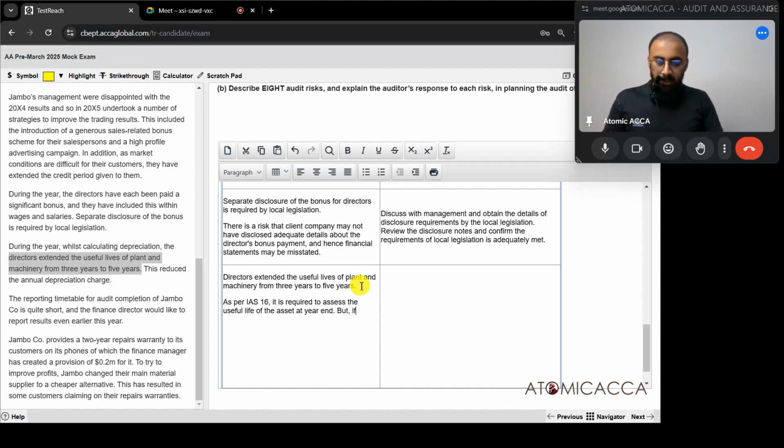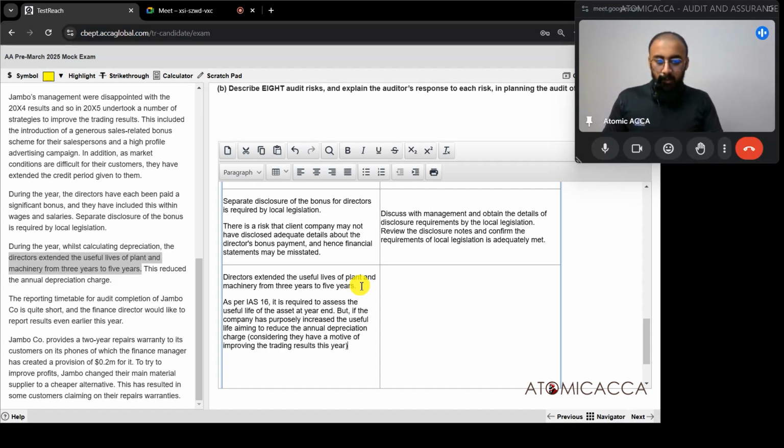But if the company has purposely increased the useful life, aiming to reduce the annual depreciation charge, considering they have a motive of improving the trading results this year.